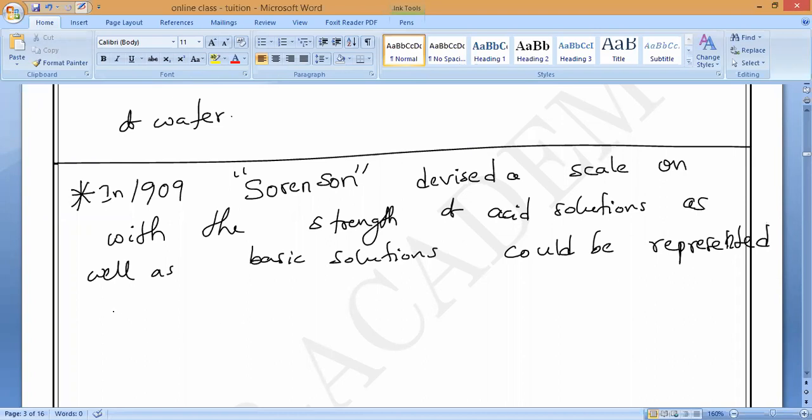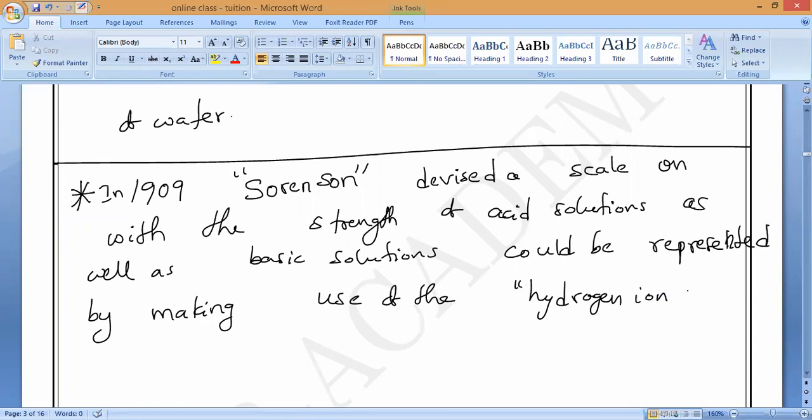So the pH scale is designed with the help of what? Hydroxide ions or hydrogen ions? One MCQ. H plus ions. Based on the hydrogen ion concentration in them, it has been designed. All of you should remember.